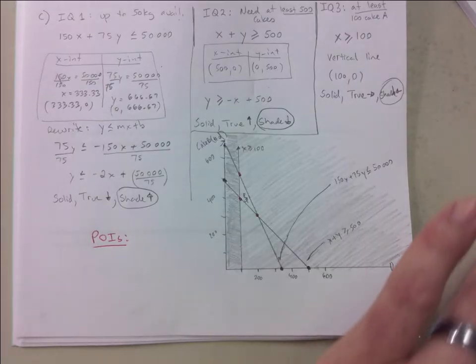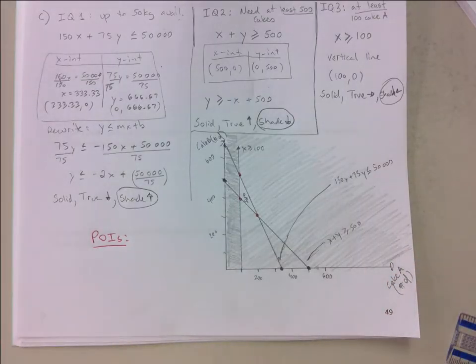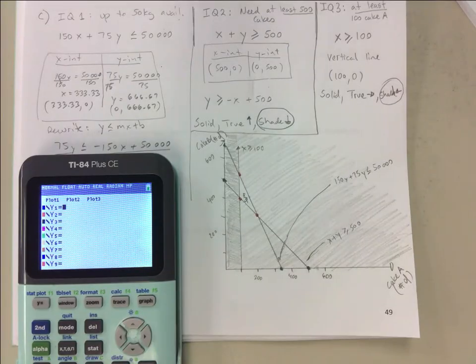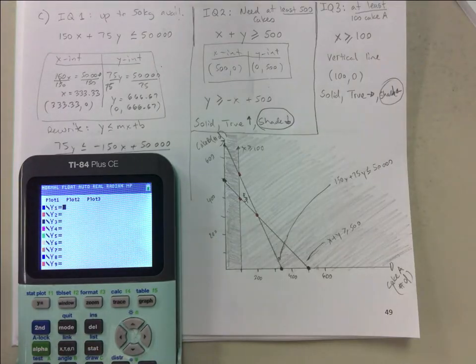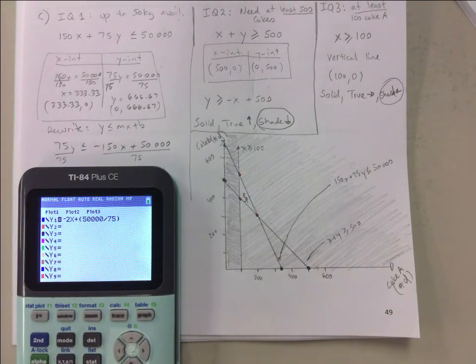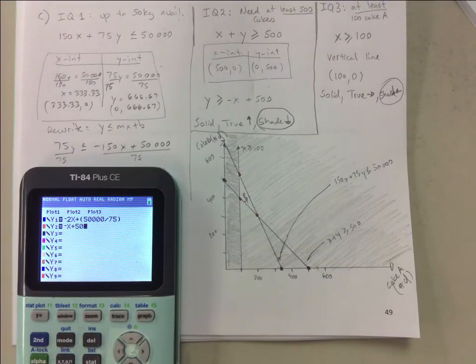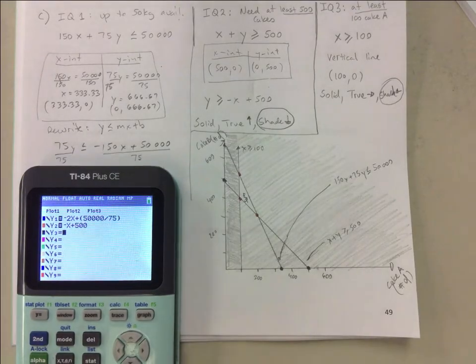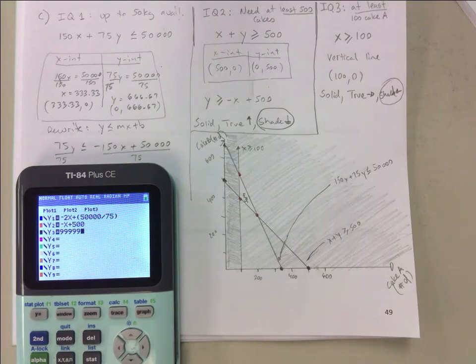This is something that I would expect you to do on the cumulative as well. I'll give you a system. You have to type it in and find me the POIs. Okay. So I go x plus... I don't know if you remember the trick for vertical lines.